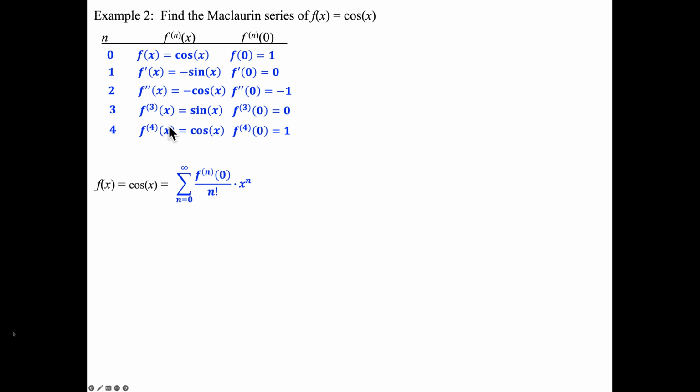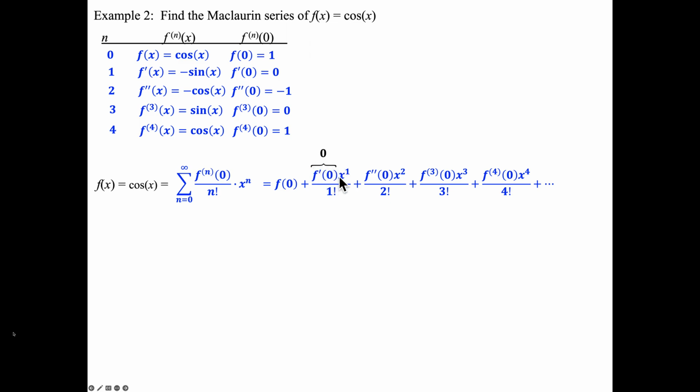Now this one's going to be a little bit more work because here every odd derivative we're going to end up with a 0. So as I write this out by definition and I start putting in my derivative values, f of 0, that's a 1, but my f prime, remember I said all the odd derivatives, or all the x's to the odd powers, or the odd factorials, they're going to come out to be a 0 right here.